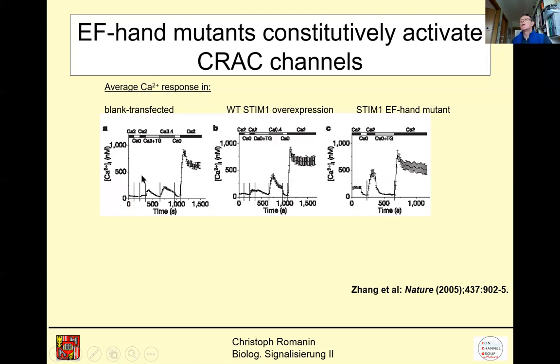And you have to do the correct control here. But you can see there's not much change. Maybe with a lower calcium concentration, the signal is a little bit higher when STIM1 is overexpressed.